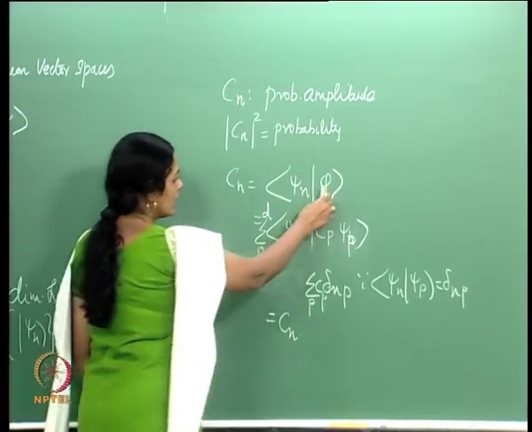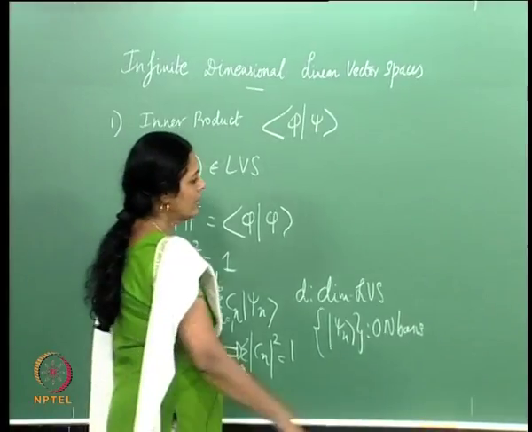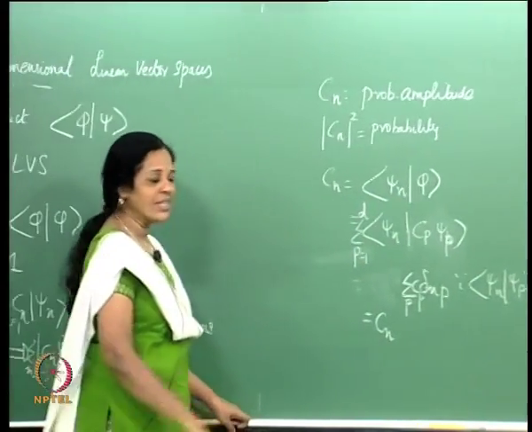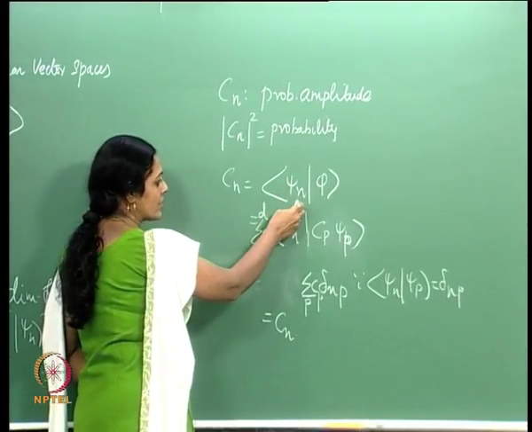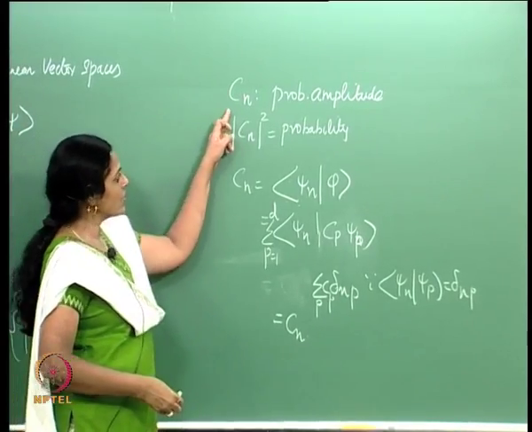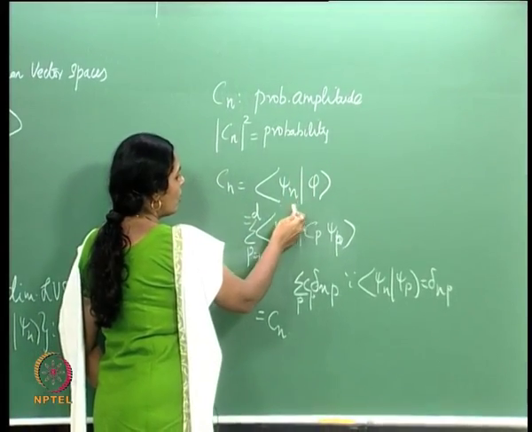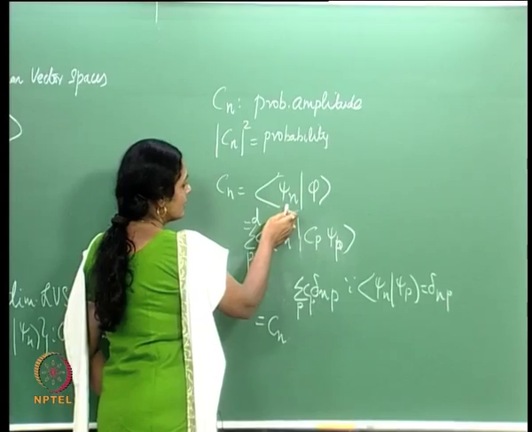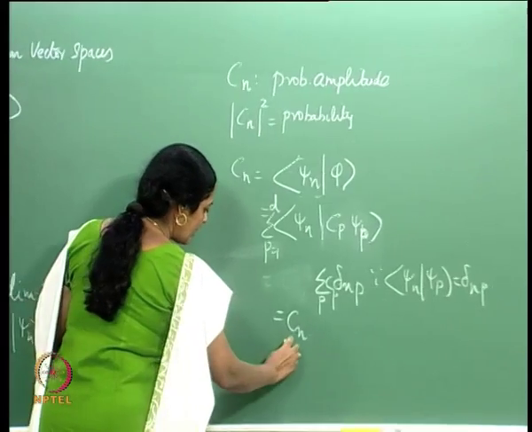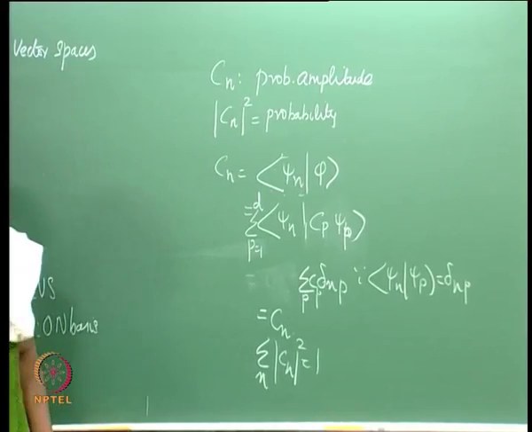And therefore, if I have expanded the state phi in terms of the basis set psi n, I extract the coefficient Cn corresponding to the basis vector psi n by precisely this method. Such a Cn is the probability amplitude, and mod Cn squared is the probability of this overlap of psi n with phi. The total probability is 1, and that tells me that summation over n mod Cn squared is equal to 1.